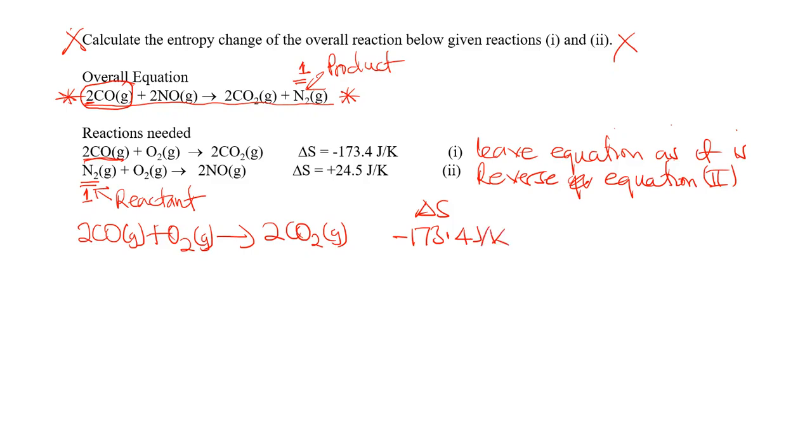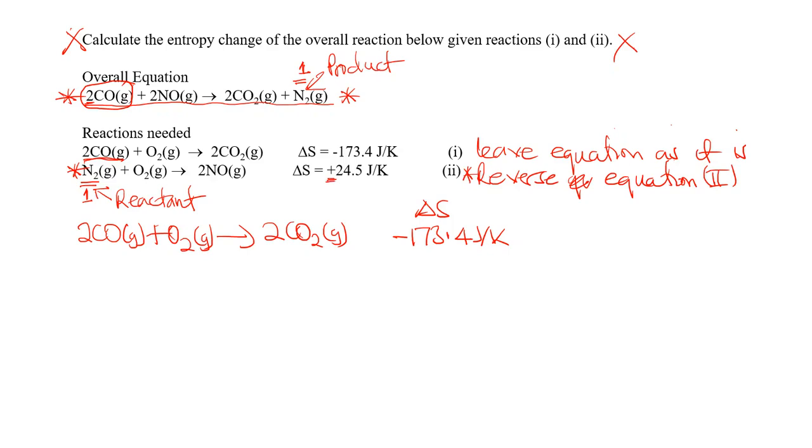So this one, we leave it as it is. But we are saying we are going to reverse equation 2. So when you reverse equation 2, you also need to reverse the sign here.